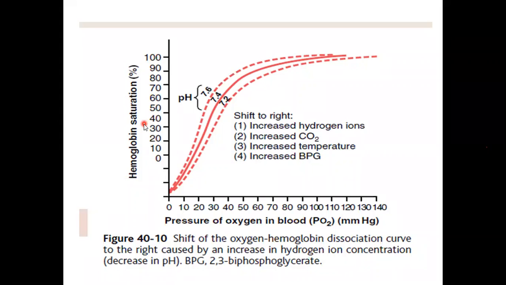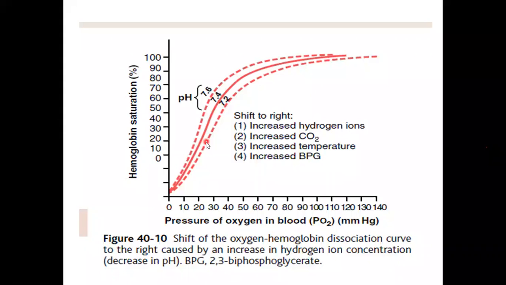So in the case of skeletal muscles, the hemoglobin gives more oxygen during vigorous exercise.